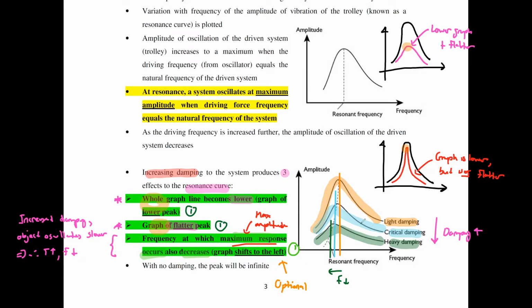Okay, now all these resonance curves that you have here are showing damping present inside the system. What about if you do not have damping inside the system? If you do not have damping, how would the resonance curve look like? With no damping, your peak would actually be infinite. What we mean by that is that you look something like this. There's no limit to it. You don't see any limit to it. It just goes up, and then there's no end to it.